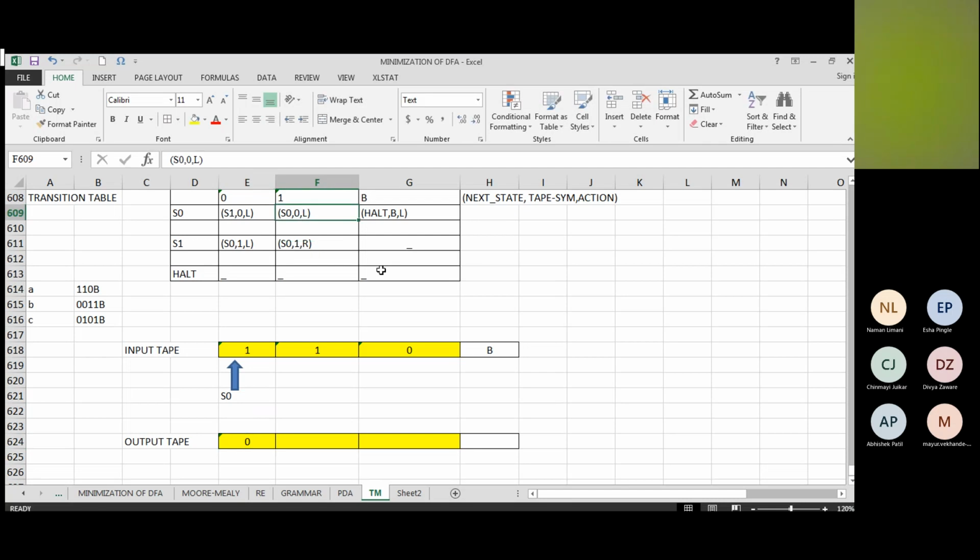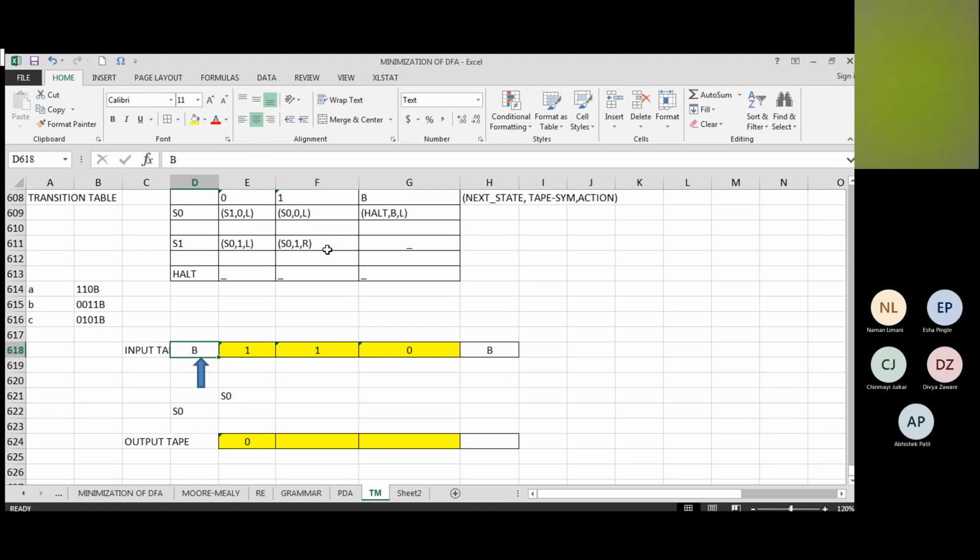Here, and it stays in S0 by moving towards left. Stays in S0, by moving towards left. Here, what will it find?